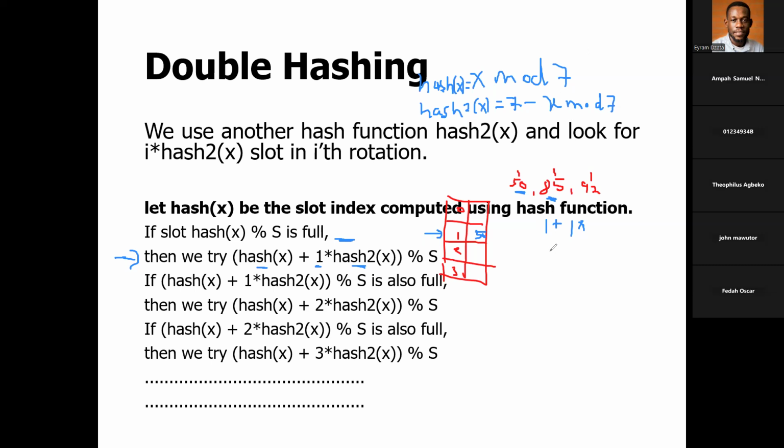The first one was giving us 1. Let me draw another table to explain that briefly.